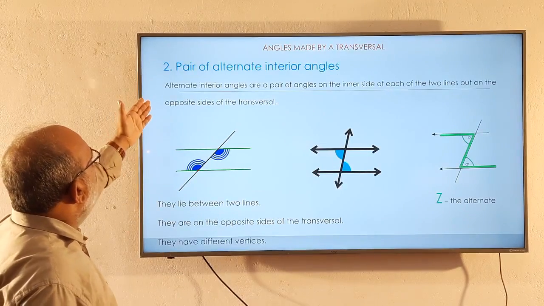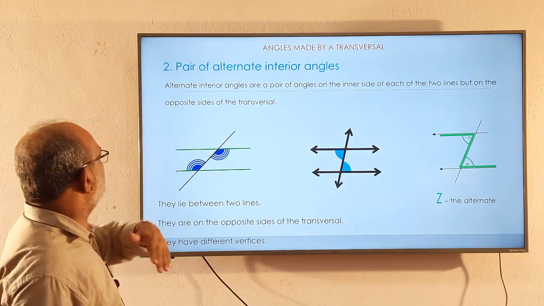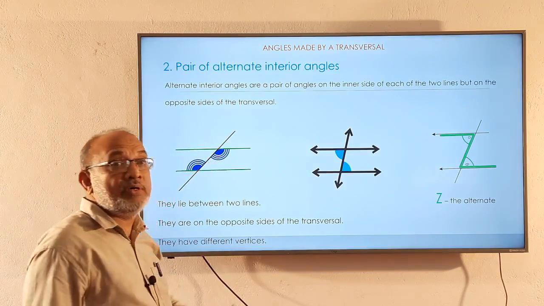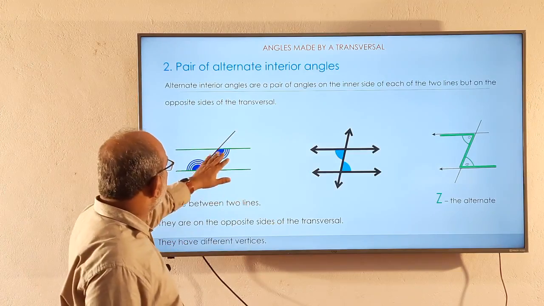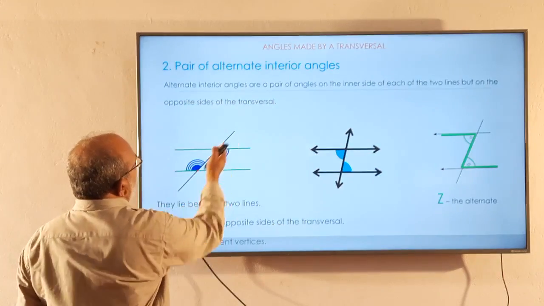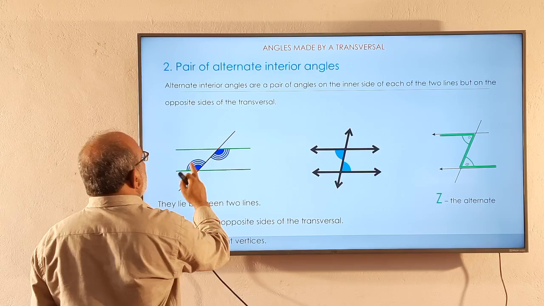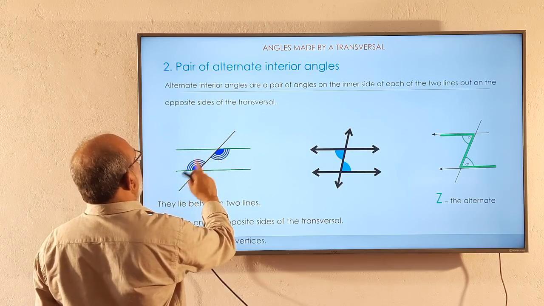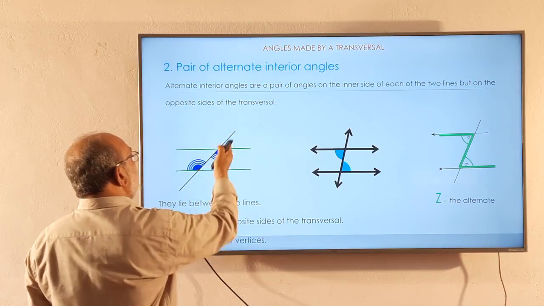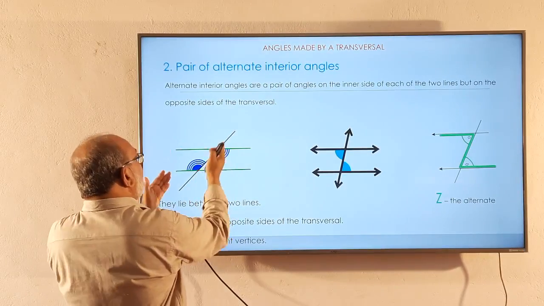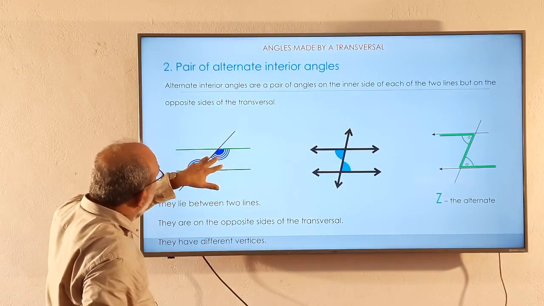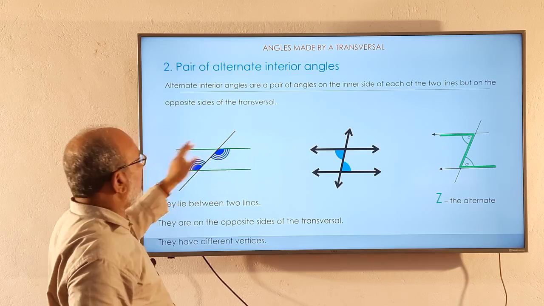Here, a pair of alternate interior angles. This is interior, you remember where the burger was kept, the interior part. Here this is the transversal, and these are on opposite sides of the transversal, so it is called alternate. Why? It is on the different side of the transversal, so it is interior but alternate.